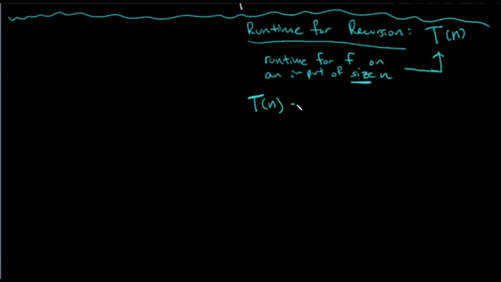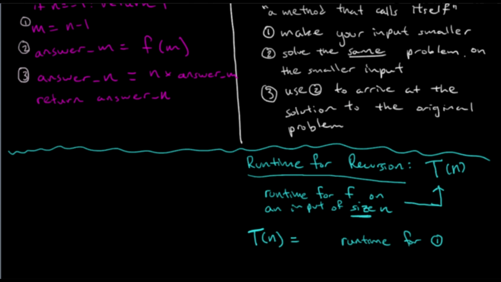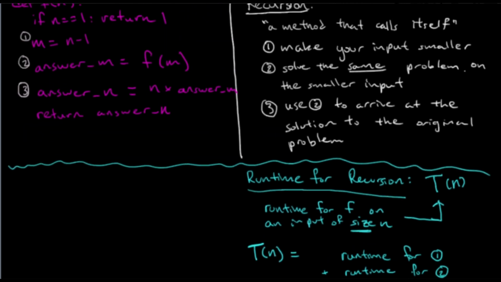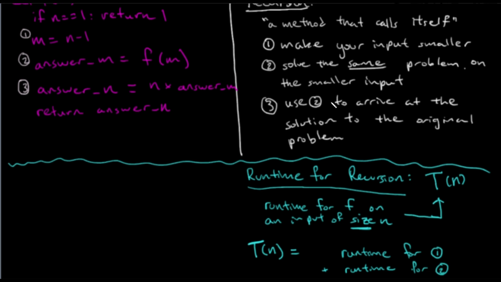This big T of n equals the runtime to do that first step, which was making our input smaller, plus the runtime for the second step, the time to solve the same problem on the smaller input, plus the runtime for that third step of taking our answer to the second step, taking the solution to the problem on the smaller input to arrive at the solution to the original problem.